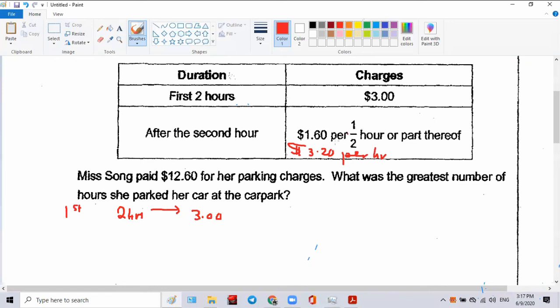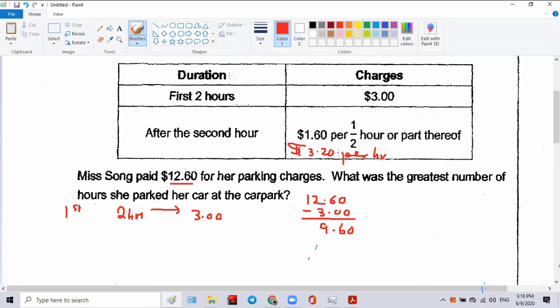So she paid a total of $12.60. So $12.60 minus $3 is how many dollars? $9 and 60 cents, $9.60. Agree?